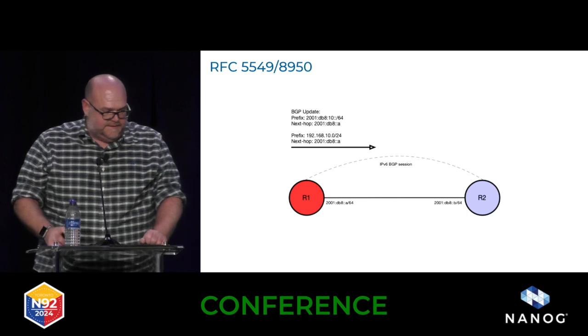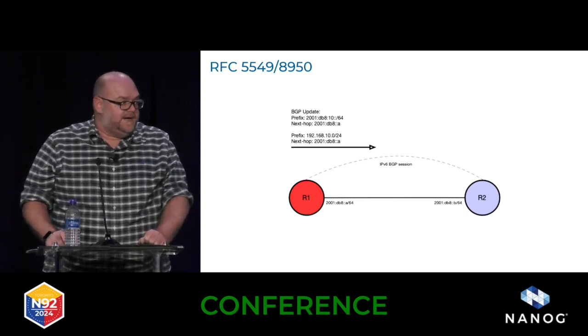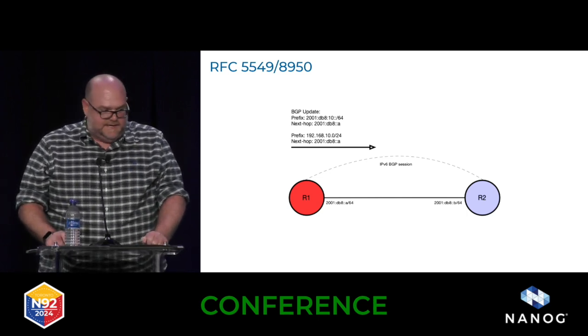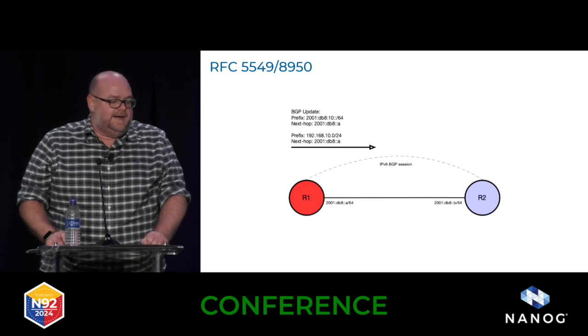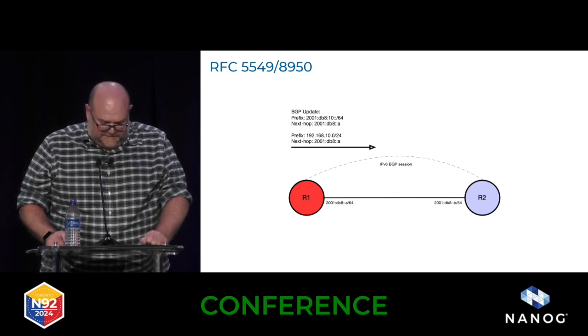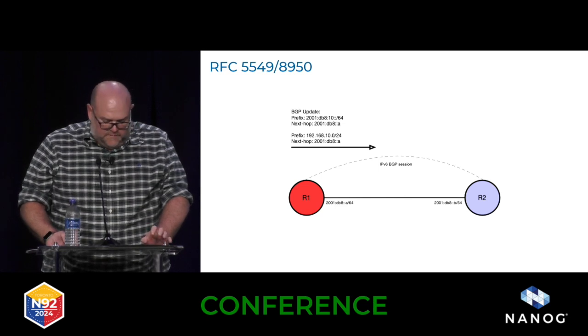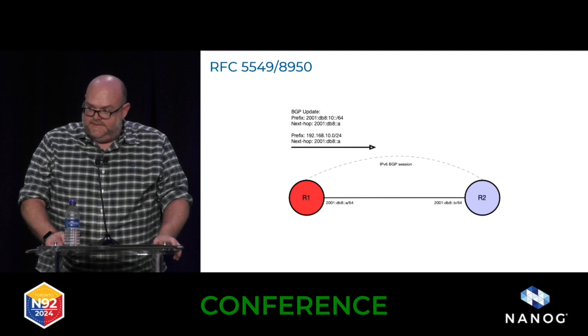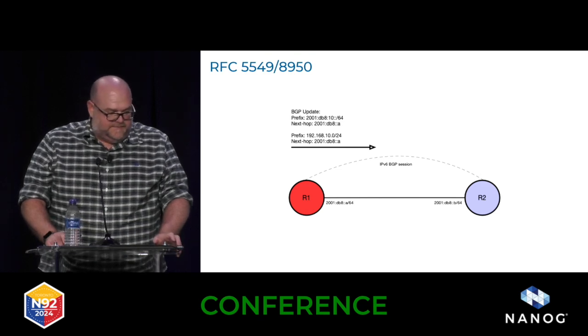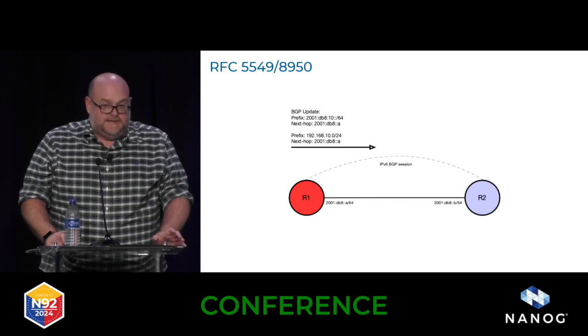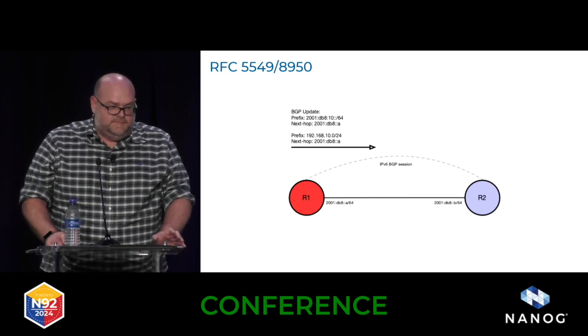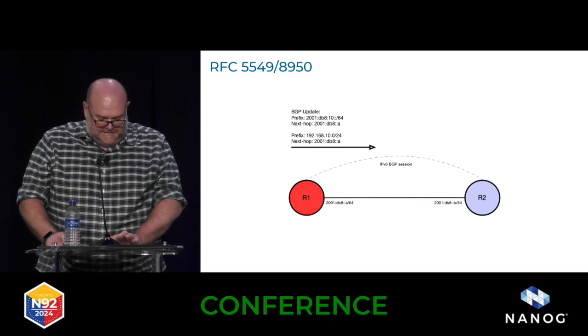What we move to is RFC 5549 or 8950, which I'll just refer to as 5549 because that's what I've done for 2 years, where we only have a v6 address on the link. On that link, we have an IPv6 BGP session, which carries v6 and v4 prefix updates with a v6 next hop.